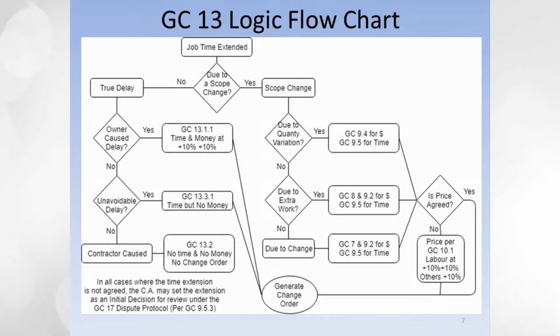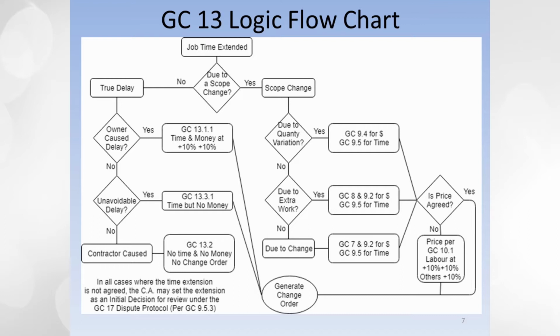I prepared a logic diagram which may help clarify how to reason such a situation through the contract language. Number 1. As discussed, the first test is to determine if the time extension arose from a true delay or not. If so, follow the logic to the left. If not, follow the logic to the right.